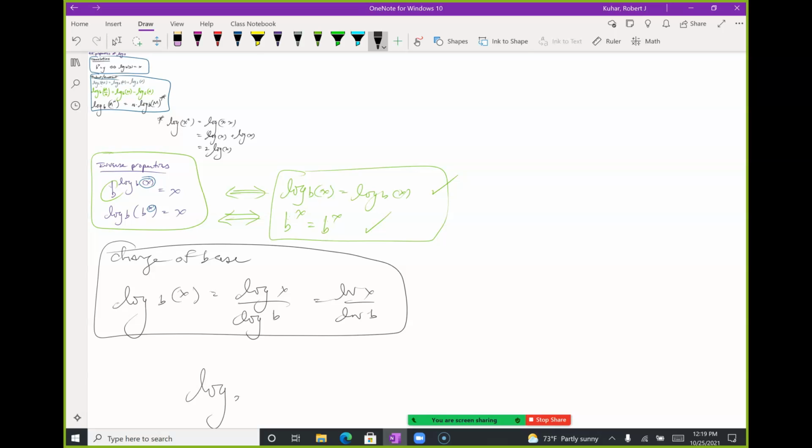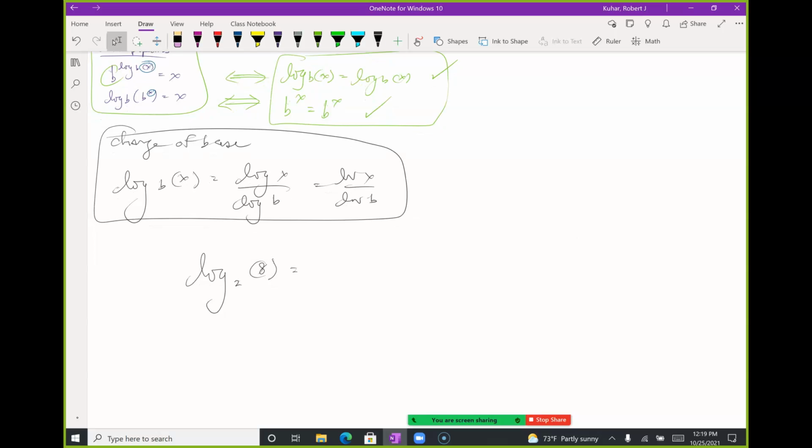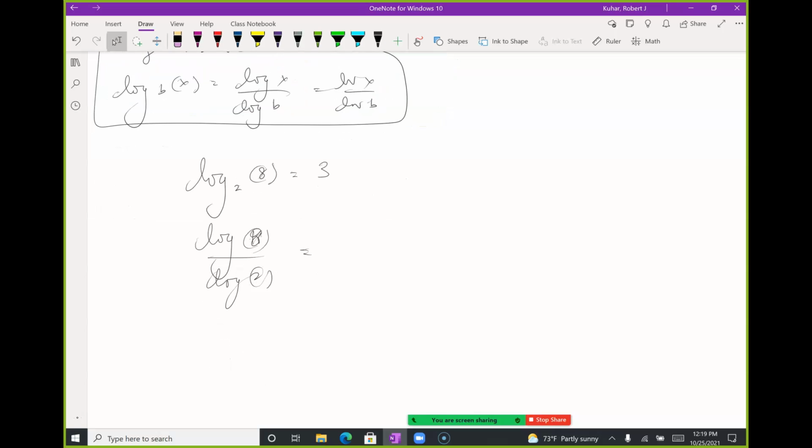And of course, this one is easy to show. So log base 2 of 8. What exponent makes 2 into 8? 3. Yep. So on your calculators now, do log of 8 over log of 2. And do ln of 8, make sure you close your parenthesis, over ln of 2. And all of them will give you 3.